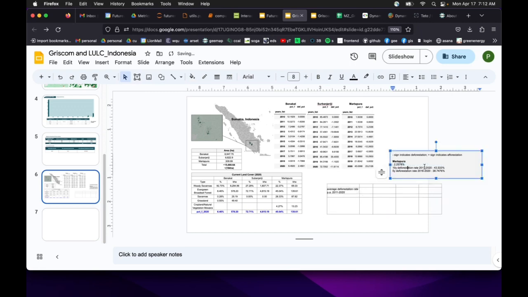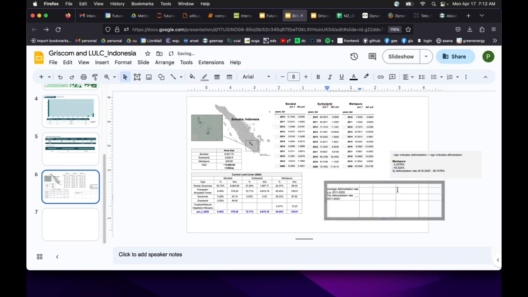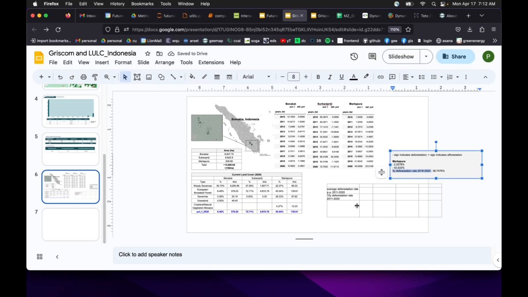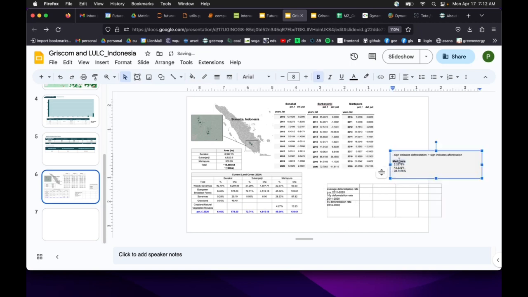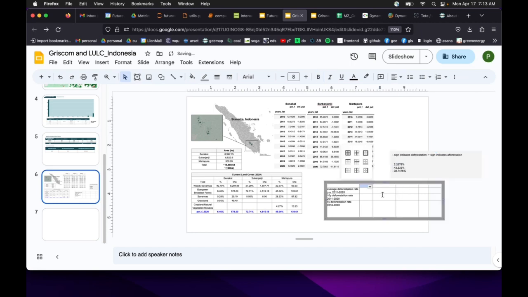We know that. We want to have the 10-year deforestation rate, and we want to have the 5-year deforestation rates. Right? And we want to have this for Benacat, Supanjali, and Marta Pura, like that.